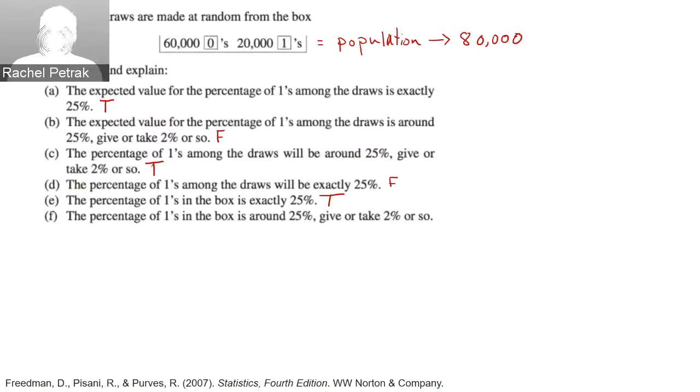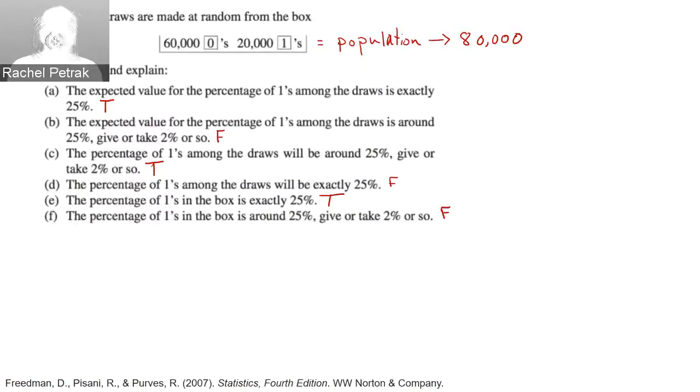One last item: the percentage of ones in the box is around 25%, give or take 2% or so. Is that true or false? Remember that Linus Pauling said the way to come up with great ideas is to have a lot of ideas and throw the bad ones away. So yeah, this is false. Very good. Why is it false?